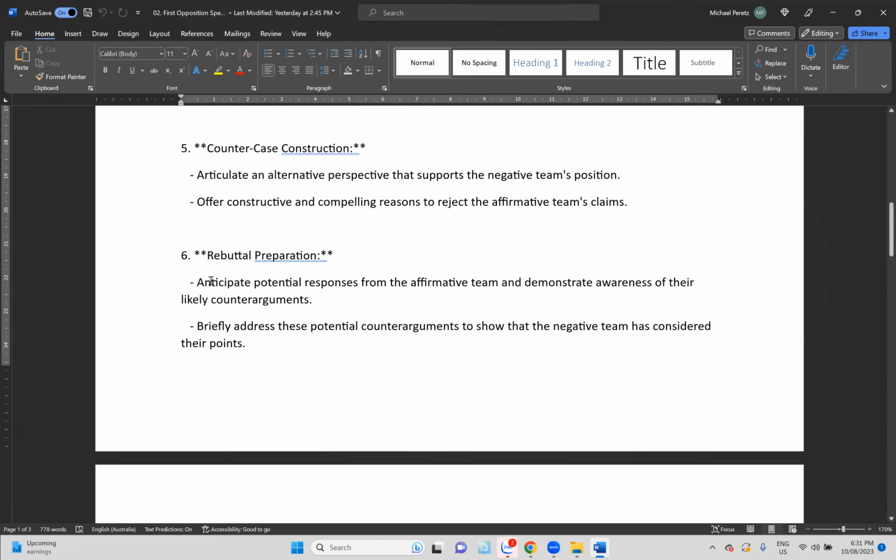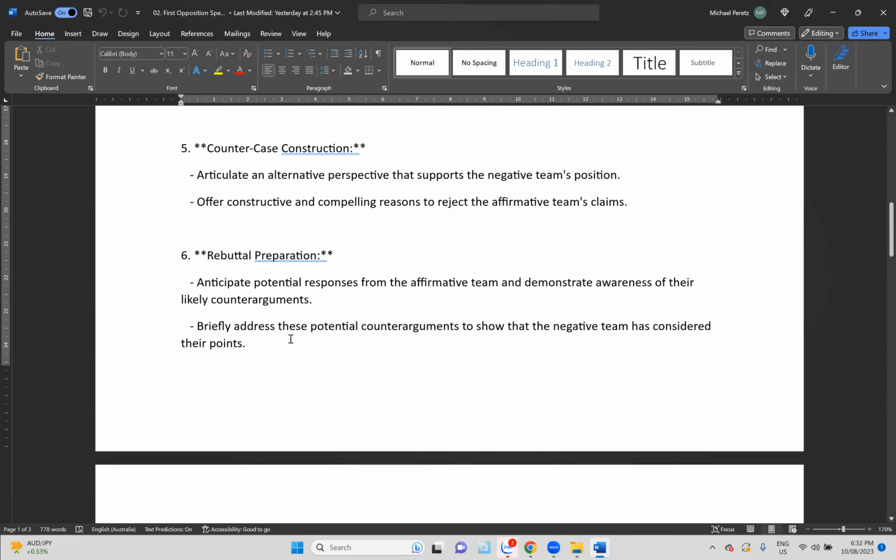We need to then anticipate potential responses from the affirmative team. And we need to show that we've been thinking about counter arguments that they may try to make to discredit us. And then we need to quickly address these potential arguments, to show that we have considered the affirmative team's point of view.